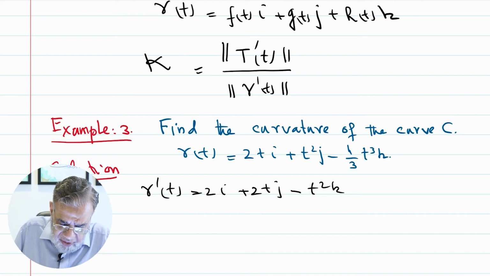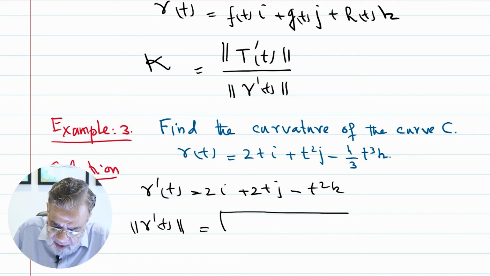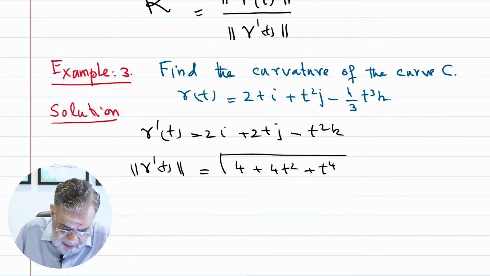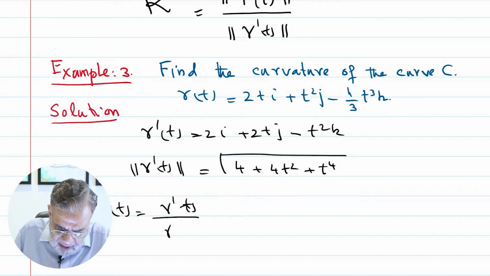So to find T of t, we need the magnitude of the vector r dash of t. We find this one, having the root sign, and we get the root of 4 plus 4t square plus t to the power 4. So this is the magnitude of the vector. I can find my T of t. My T of t is r dash of t divided by the magnitude of r dash of t.